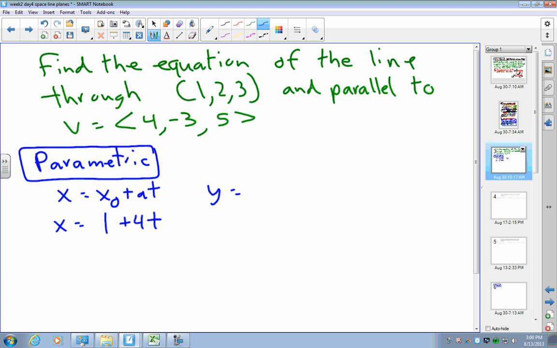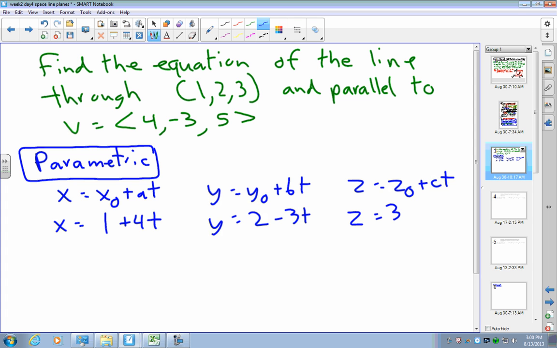The y would be y naught plus bt, so y would be 2 minus 3t. And z is z naught plus ct, so z would be 3 plus 5t. So that's the parametric way.